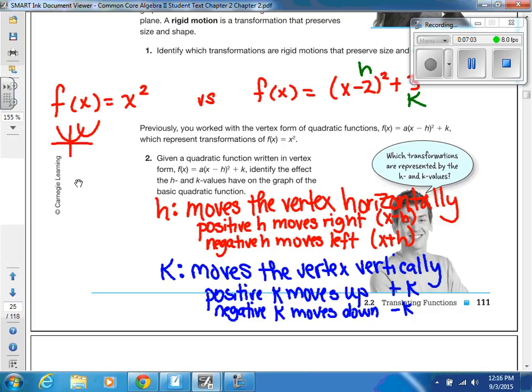When you finish getting this written down, go ahead and look over on page 112.